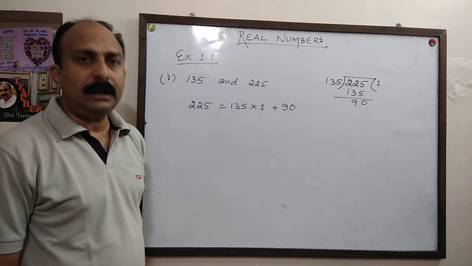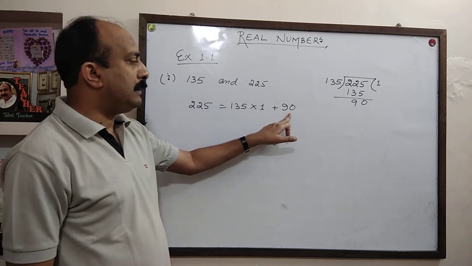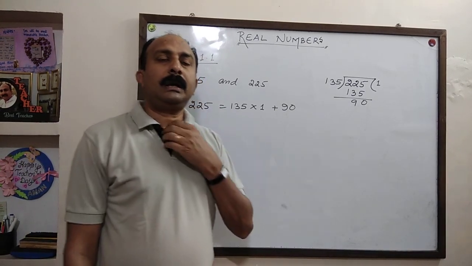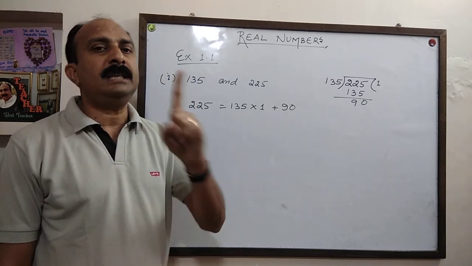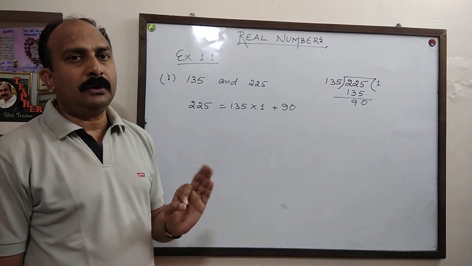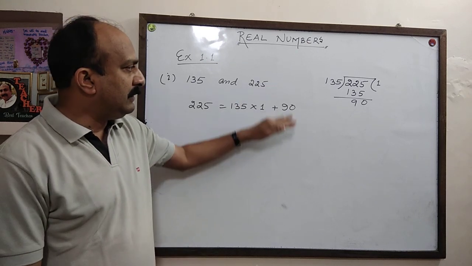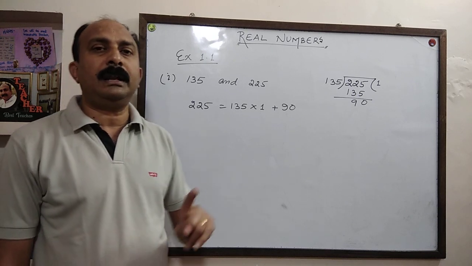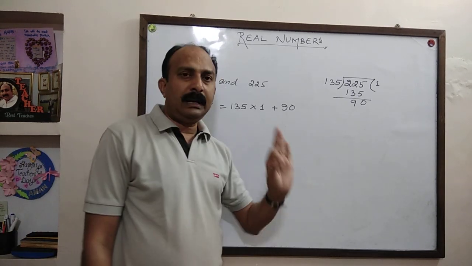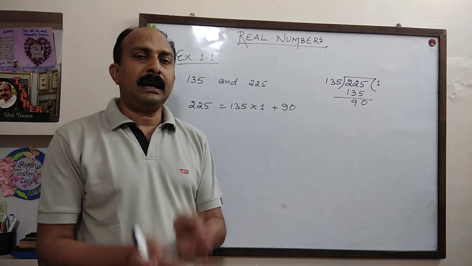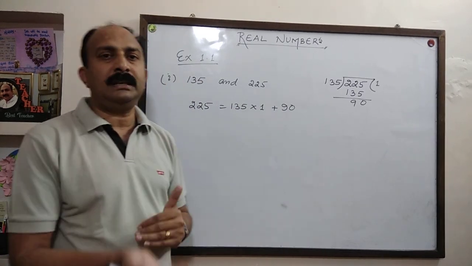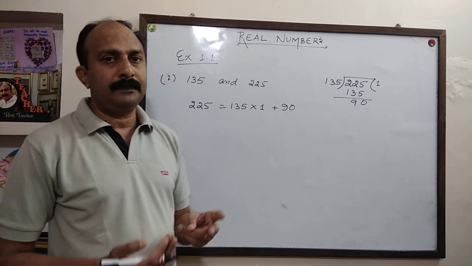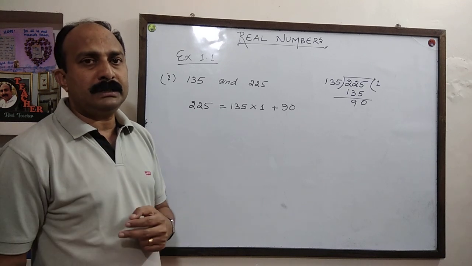This division will continue until we get the remainder 0. When we get the remainder 0, the corresponding divisor is the HCF. This is what is called the long division method. Now we will continue the division until we get the remainder 0. Now again we will take two new numbers as A and B. Now which are the two new numbers?